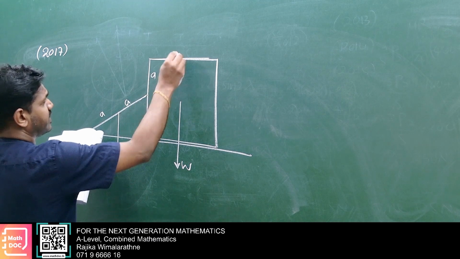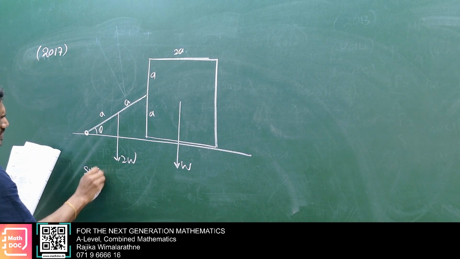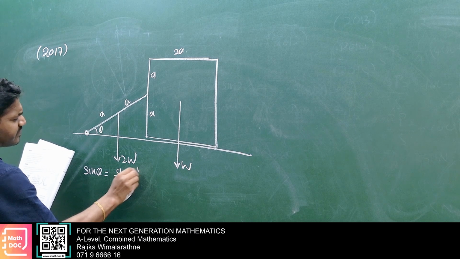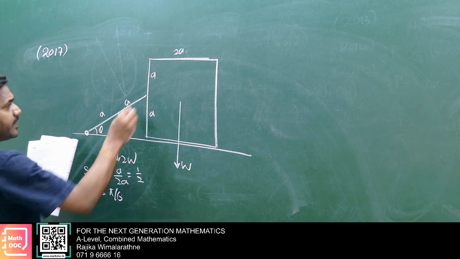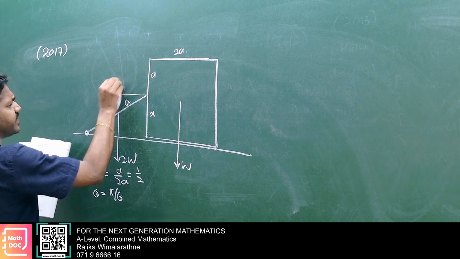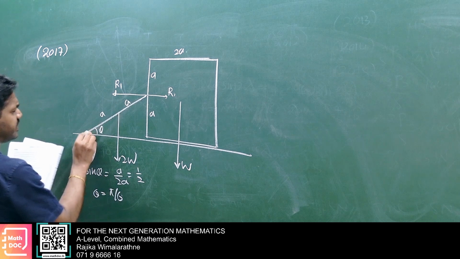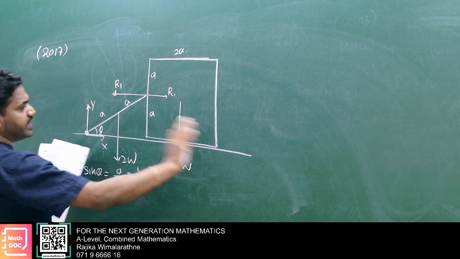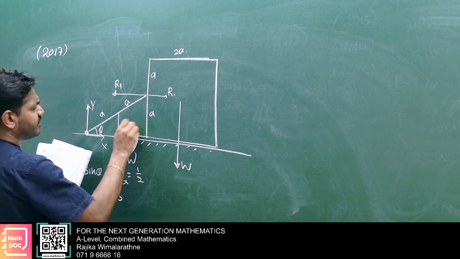Take theta, sin theta equals A divided by 2A, so theta is pi divided by 6. Then here there will be reaction R1, here hinge, mark Y and X, then moving tendency outward, then friction F.